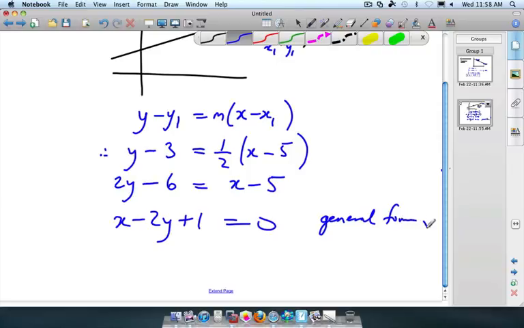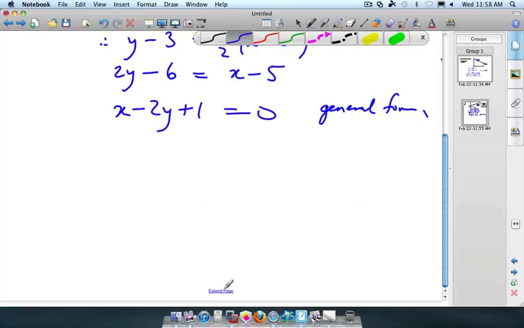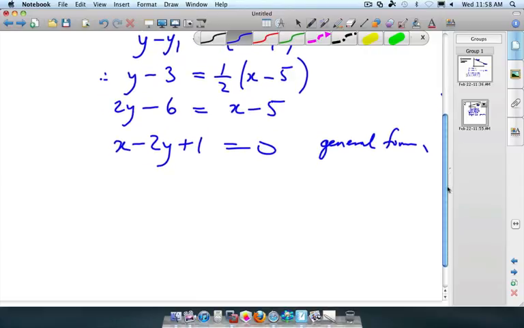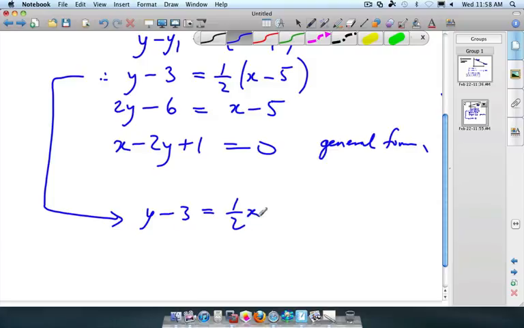If I wanted to write it as y equals mx plus c, at this step, which is slightly too far, we've done our substitution, so I'm going to do an alternative way of writing it. I'd expand the bracket: y minus 3 equals a half x minus 2.5, 5 over 2.